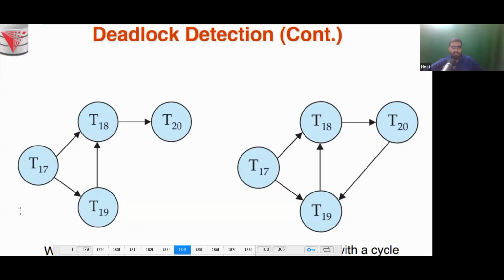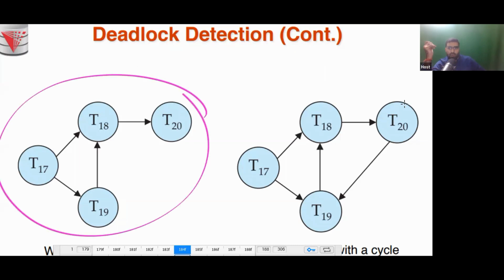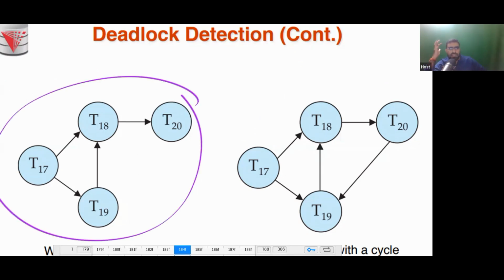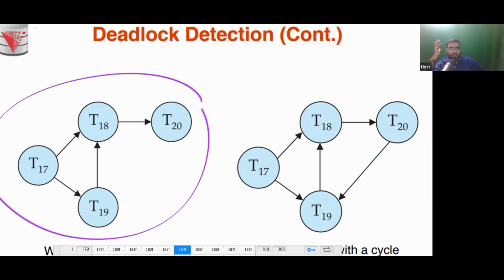Finally, tell me which of these systems is in deadlock, this system or this system? You can clearly see this system is not in deadlock. Which transaction is free to happen?